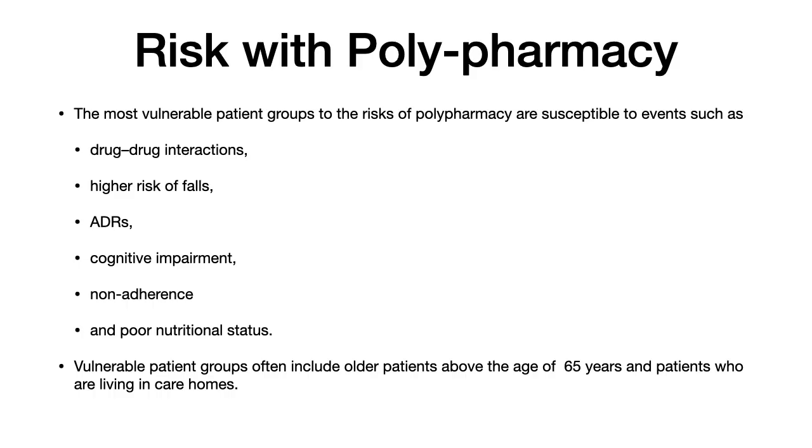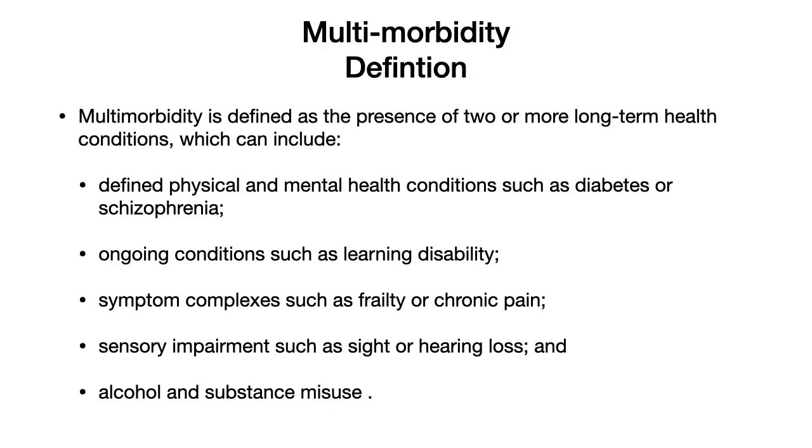Some get cognitive impairment, and some patients do not take medication. Non-adherence is an issue, as is poor nutritional status. Vulnerable patient groups often include all patients over the age of 65 and patients living in a nursing home or live-in care home.